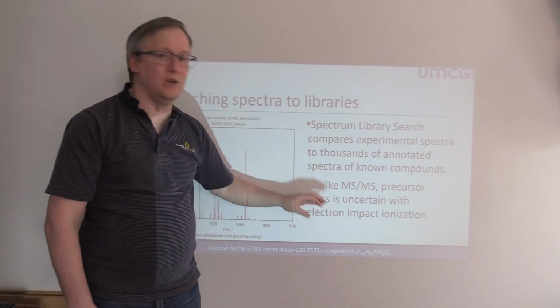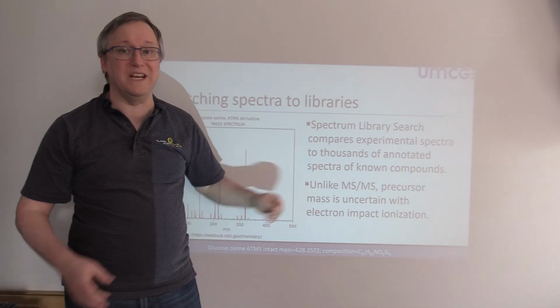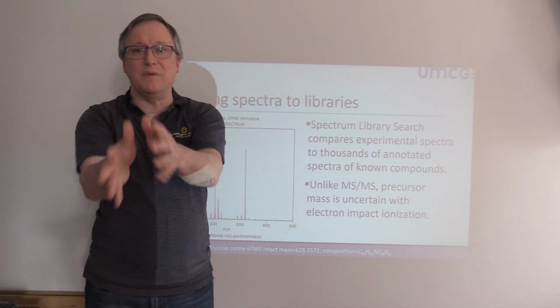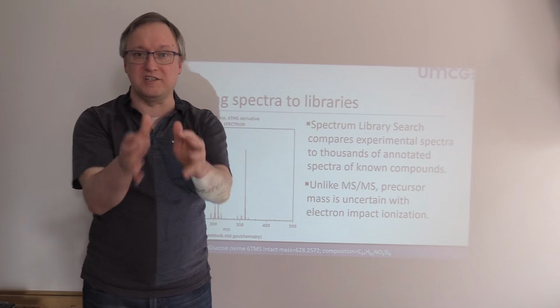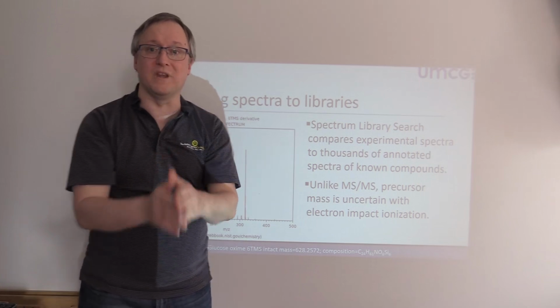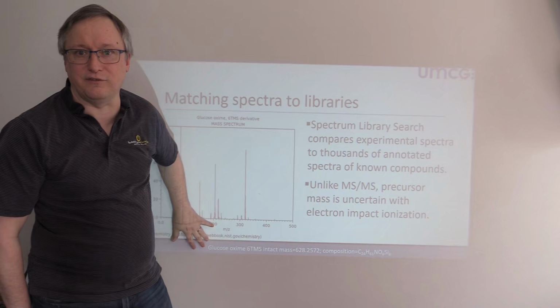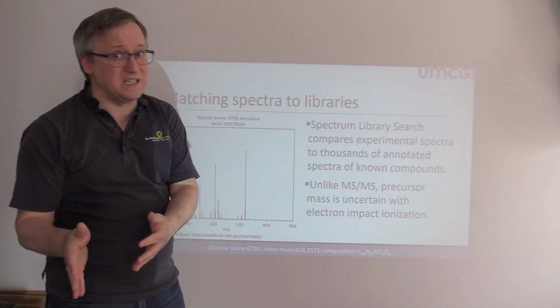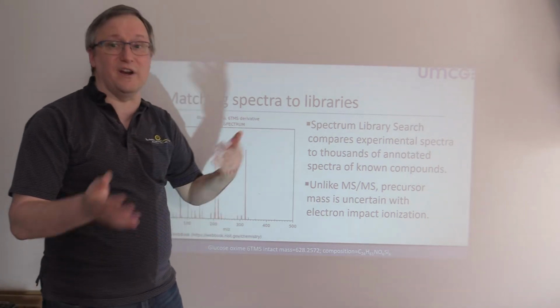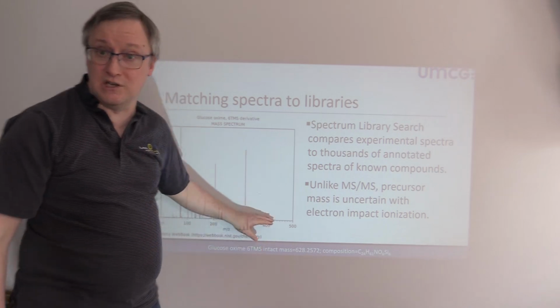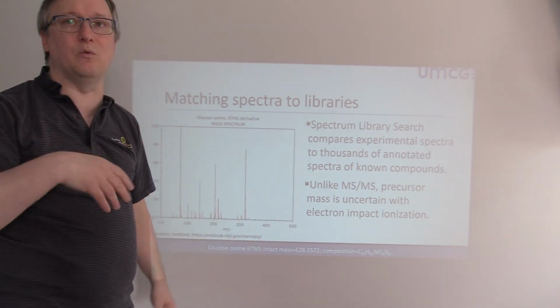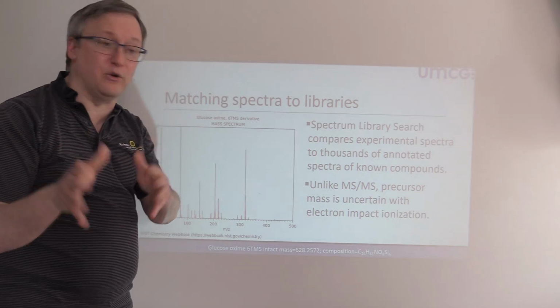As a result, we don't have the precursor ion. We never isolated it. We just fragmented everything coming off of the GCMS at this moment in time. So our MS from GCMS is going to contain fragments, but may give us very little information about what ion was there before EI blew it apart.